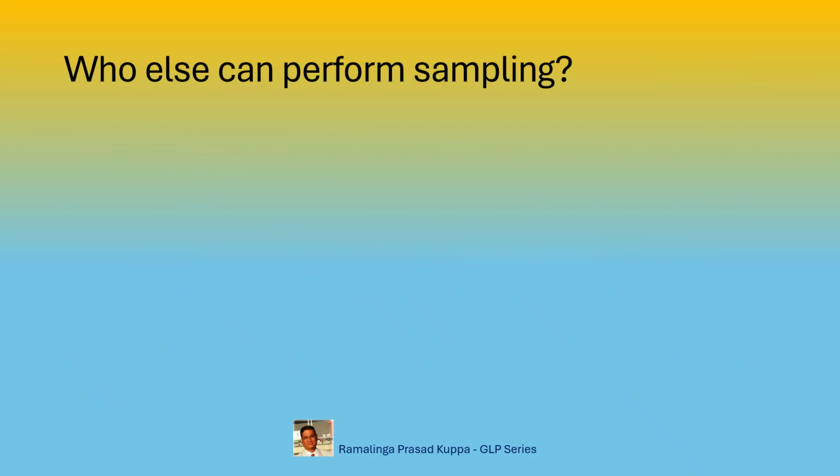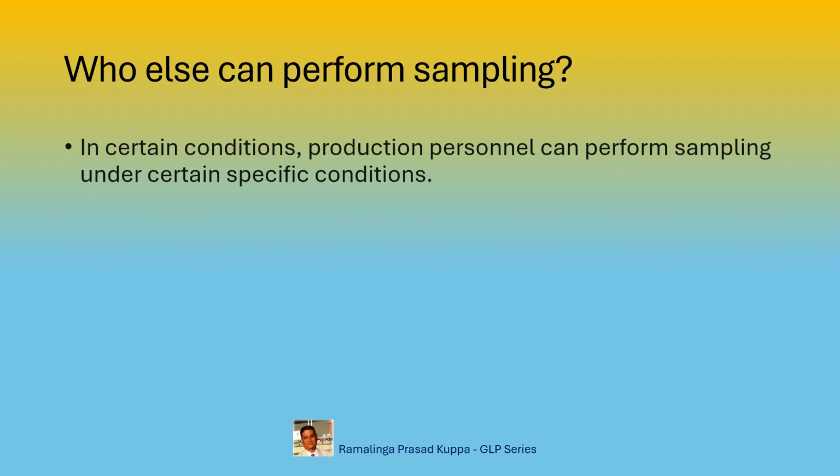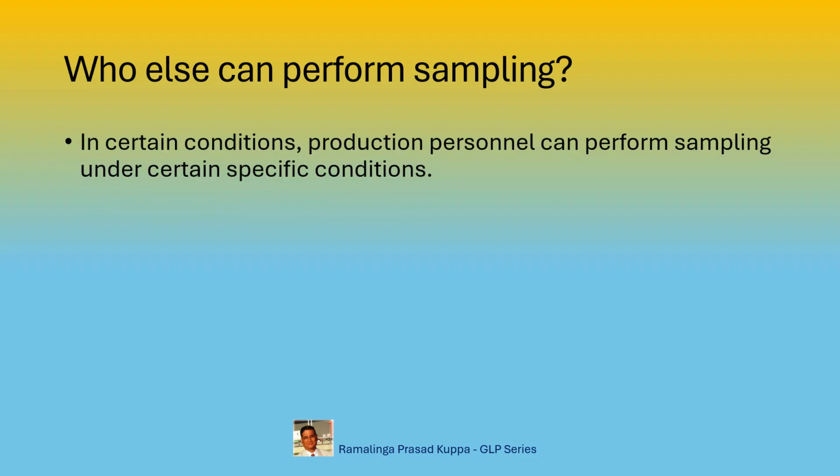Who else can perform sampling? In certain conditions, production personnel can perform sampling under certain specific conditions. Generally, the sampling should be carried out by QC personnel. However, there is a provision for the production personnel to sample provided the following conditions are met.